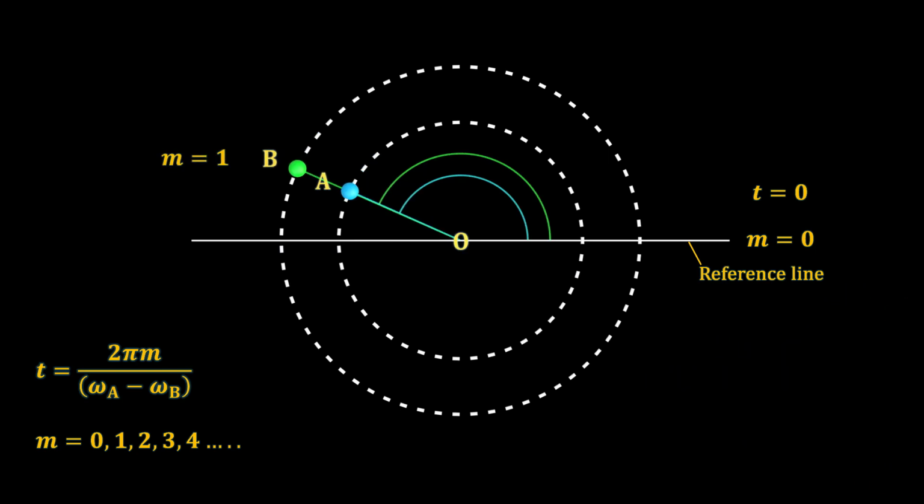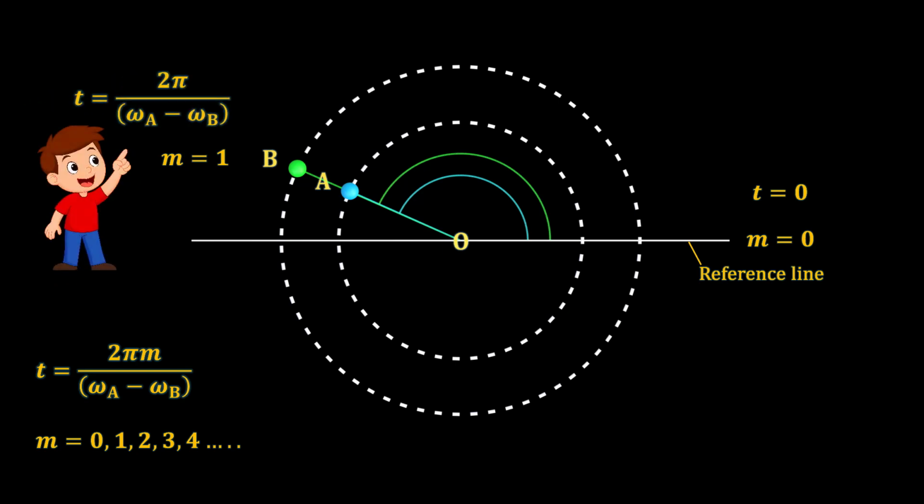When m equals 1, this corresponds to the shortest time after which they are side by side again. And for other values of m, we have other times when they are going to be side by side again. Hence, the shortest time after which the objects are going to be side by side again is simply t equals 2 pi over omega A minus omega B.